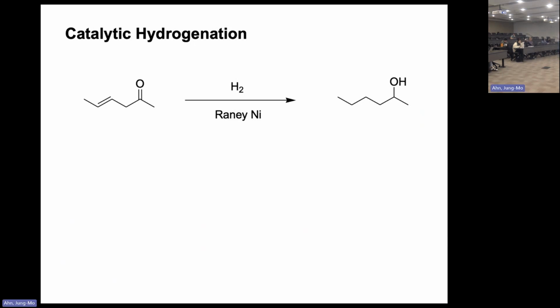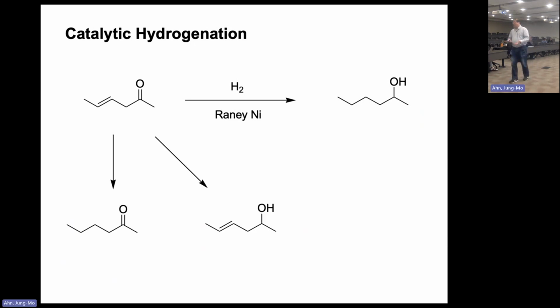So if you treat this molecule with Raney nickel and hydrogen gas, the double bond is reduced, you're adding hydrogen to the double bond. The carbonyl is also reduced because you're adding hydrogen to the carbon-oxygen double bond. So you get the alcohol here, and you get the double bond reduced. So in case you have to reduce the double bond and the carbonyl, you can do two things in one step by just treating with hydrogen gas and Raney nickel.